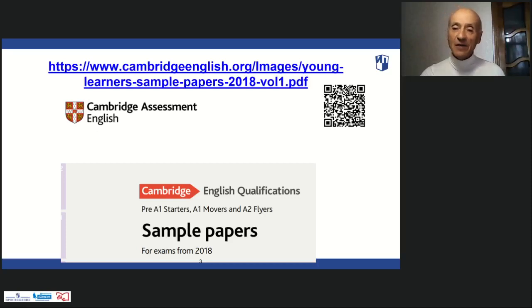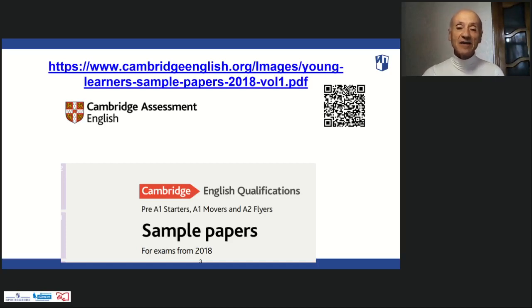Just to give you a quick picture of what the level roughly corresponds to, pre-A1 starters, that's primary school, and A1 movers, that's something like grades 5 to 7 secondary school, and A2 flyers, roughly speaking, grades 8 to 9 secondary school, because graduates of the Russian 9th grade are to achieve the level of A2 Common European Framework in English.